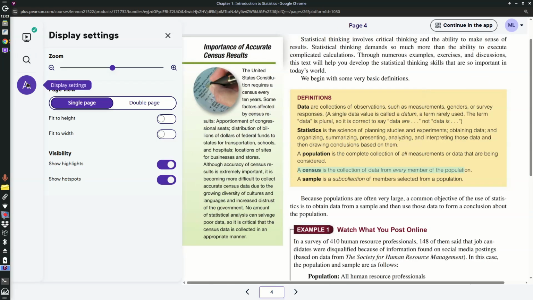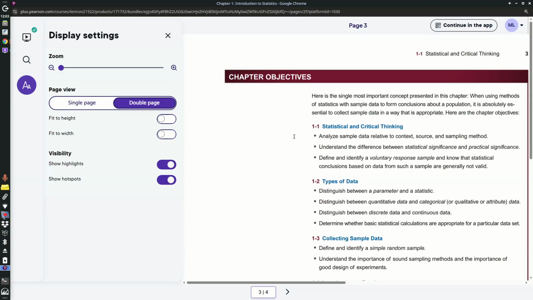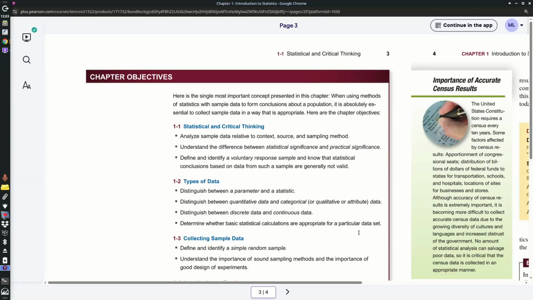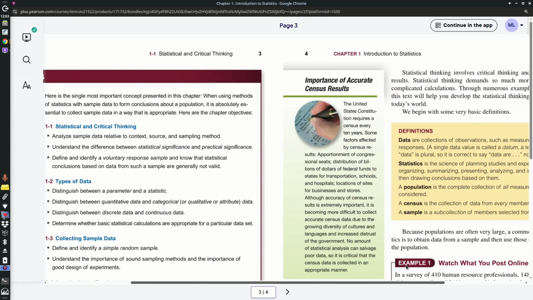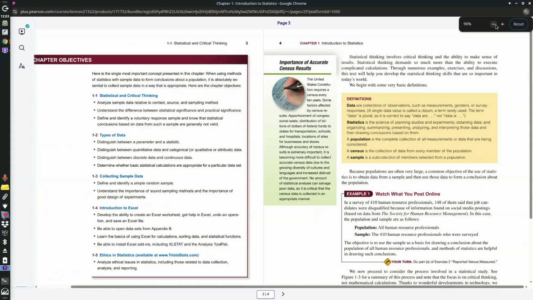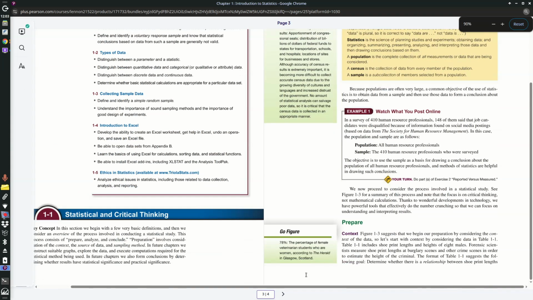I'm not sure. If we display settings, we see some options here, but maybe double page is a little more useful so we can see more. It doesn't look like it fits all that well. Maybe if we zoom out, let's see. So yeah, we can zoom out and see a little bit faster there.